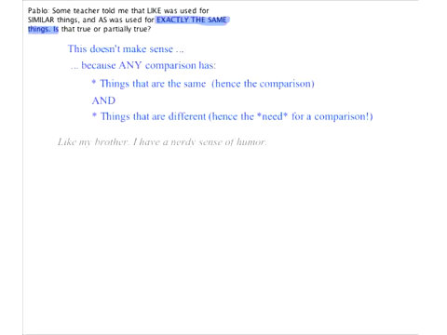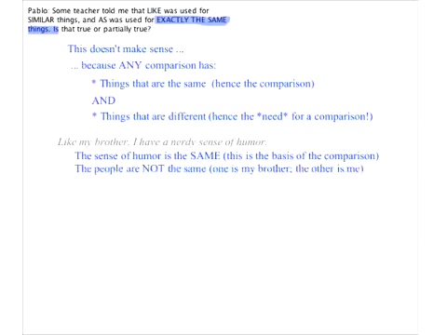This is the basis of the comparison. But the people are different. One is my brother. The other is me. So, as is not different.